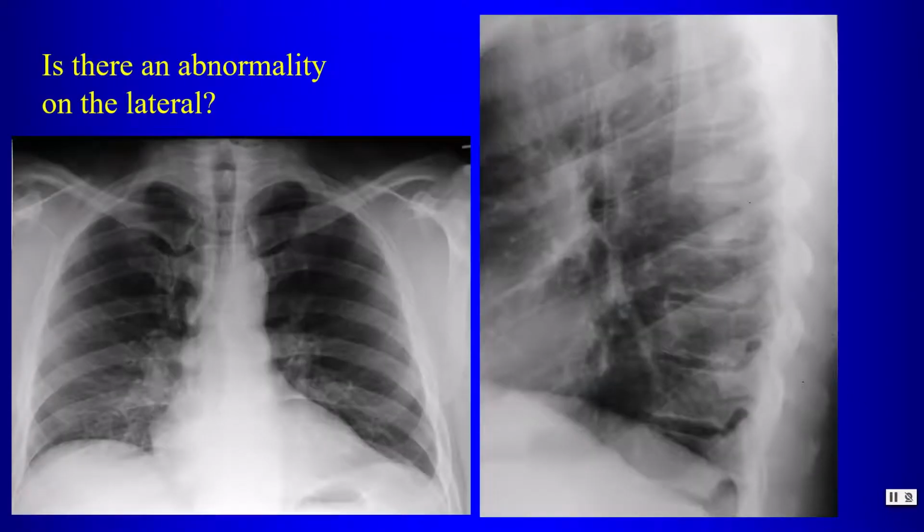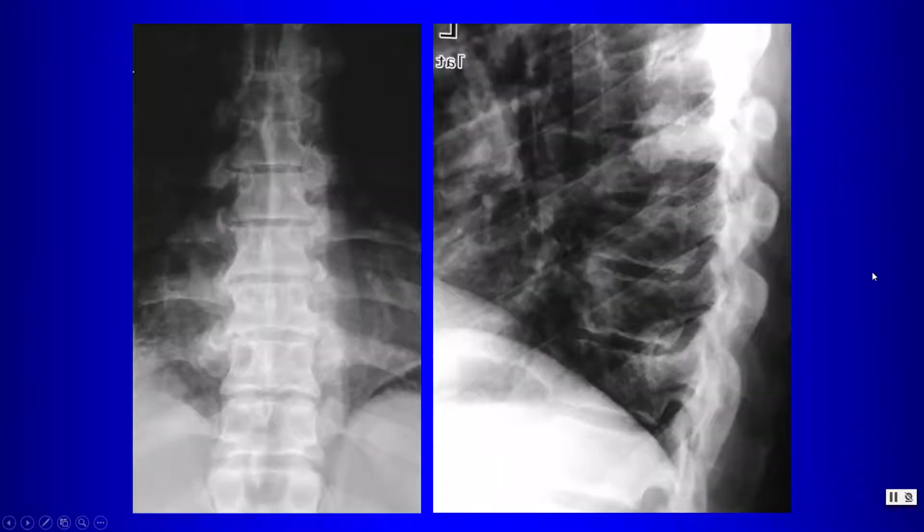Another problem that we can run into on the lateral chest radiograph: it looks like we have these ill-defined nodular opacities overlying the vertebral body. Well, these represent osteophytes, and often they're found in this typical location on the lateral chest radiograph. They seem to be centered right along the intervertebral disc spaces.